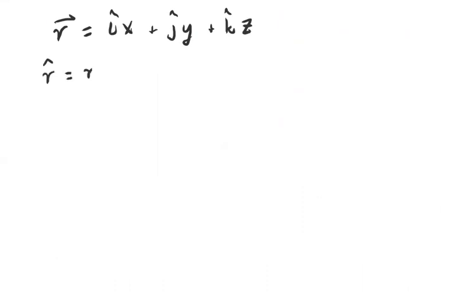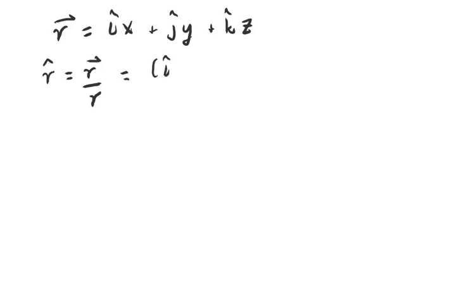So now we're ready, having defined the position vector in Cartesian coordinates, to actually write down an expression for the unit vector. It's just the position vector divided by its magnitude.